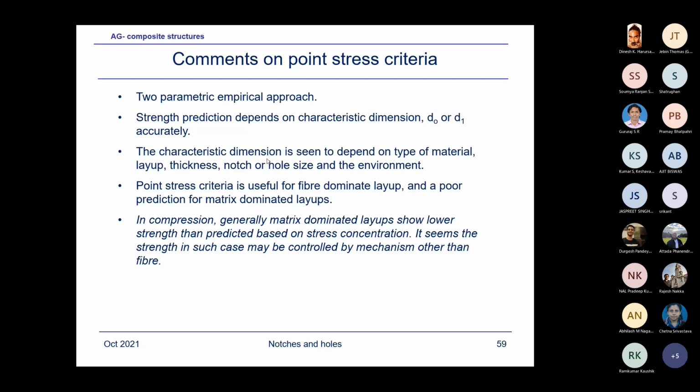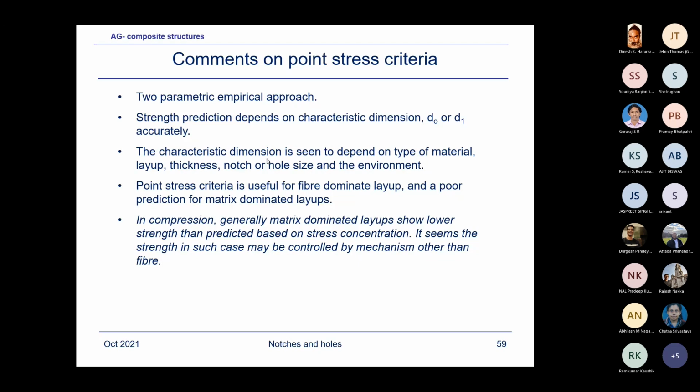Suppose you have 80% 45 and 10% 0. That's where using the point stress criteria is not very good. If you want to use it, of course, you will have to calibrate the correct dimension for a particular layup and use it. In compression, generally matrix dominant layups show lower strength than predicted based on the stress concentration.